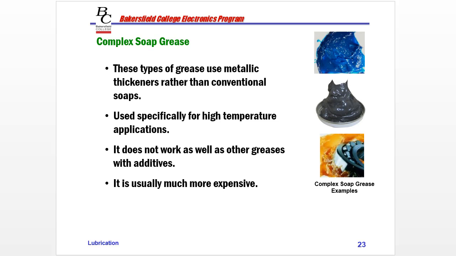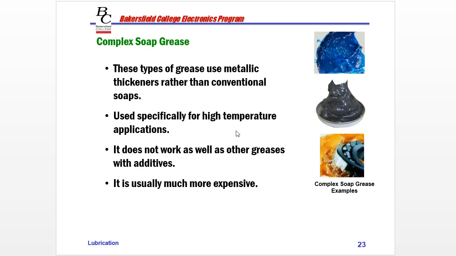Next is called a complex soap grease. So instead of the conventional soaps like lithium or calcium or lime, they actually use a metallic thickener. They're used specifically for high temp applications. They aren't as effective with other greases with those additives, but it's usually much more expensive and it works for high temperatures.